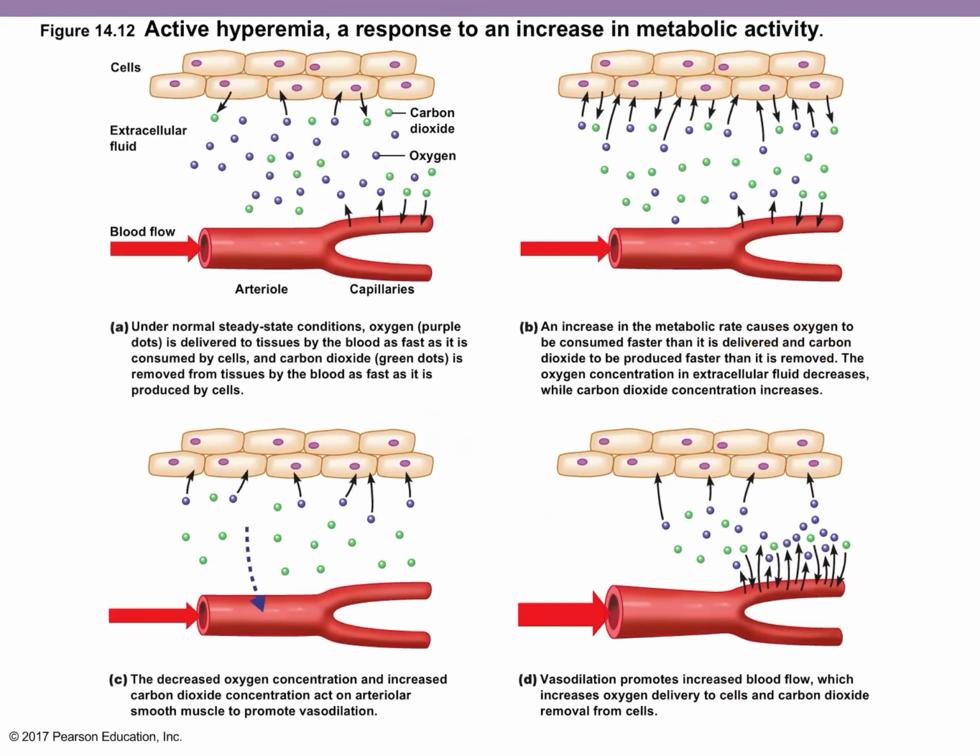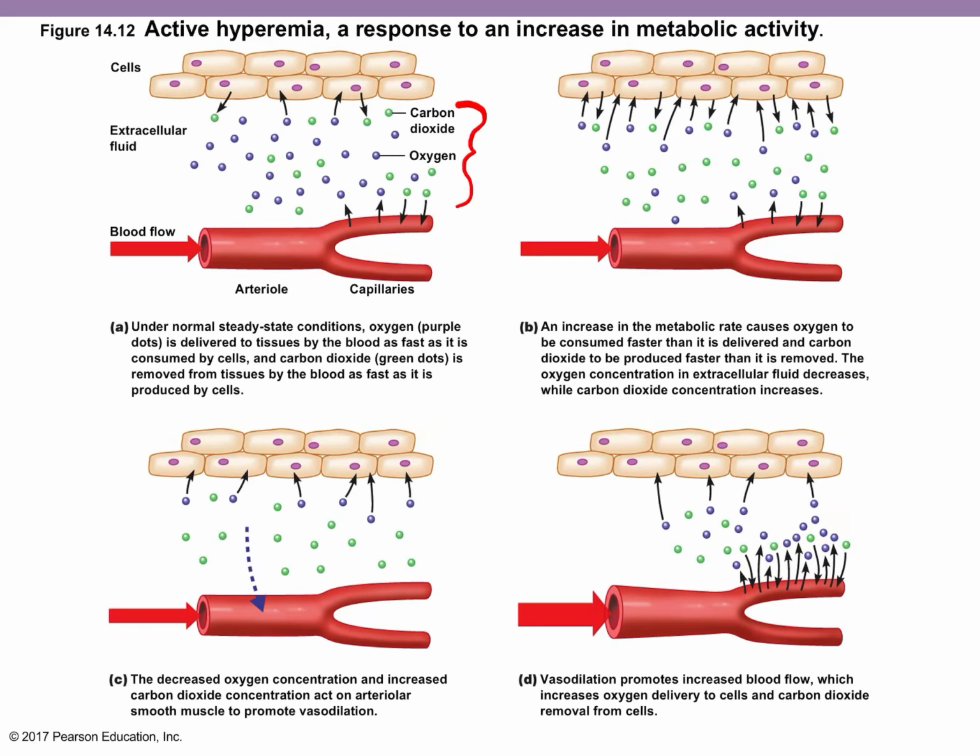All right. So, looking at what controls the dilation and constriction of the blood vessels. Number 1 is active hyperemia. This is basically where you are using the tissues. You're exercising, or your tissues are very active and they are using oxygen and creating carbon dioxide. We can see these gases here, carbon dioxide and oxygen.